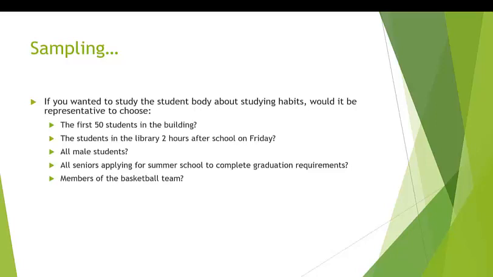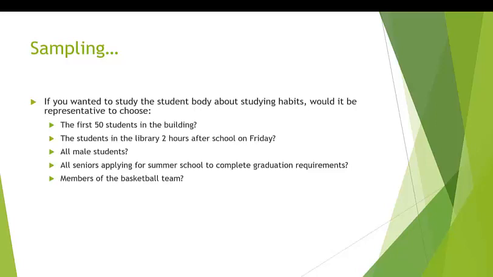So if you wanted to study the student body about study habits, let's say we wanted to study the student body in Tulsa Public, would it be a representative sample to choose, say, the first 50 students in the building? Pick a high school randomly and pick the first 50 kids. Or pick another high school and choose the kids who are in the library 2 hours after school on a Friday.